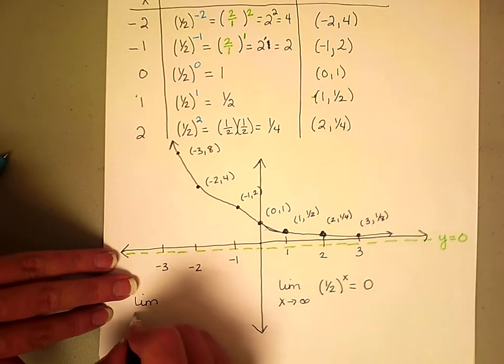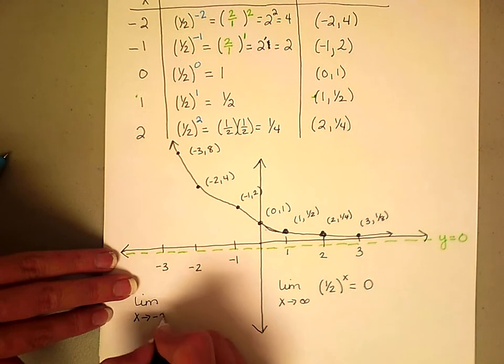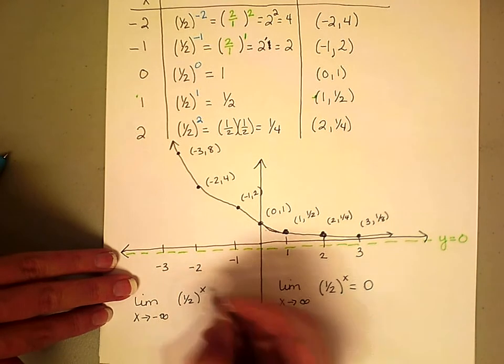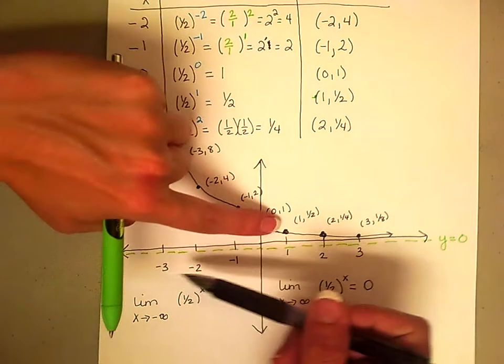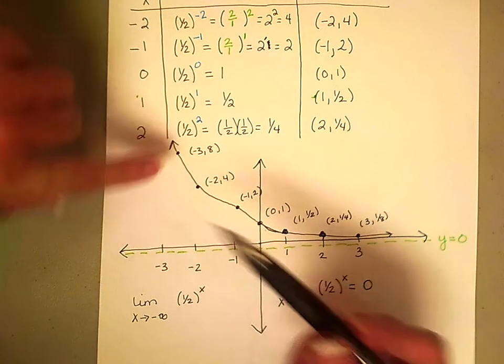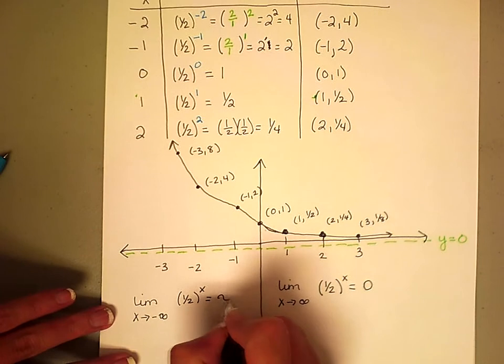So if we ask ourselves again, what's the limit now as x goes to negative infinity of 1/2 to the x? In this case, as x is going to negative infinity, the graph is taking off to positive infinity.